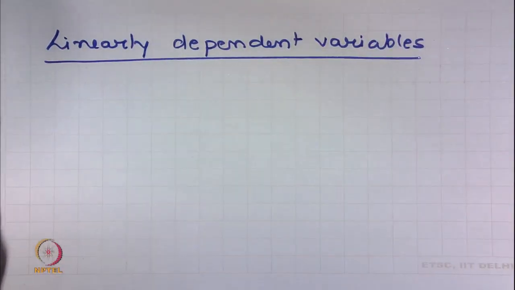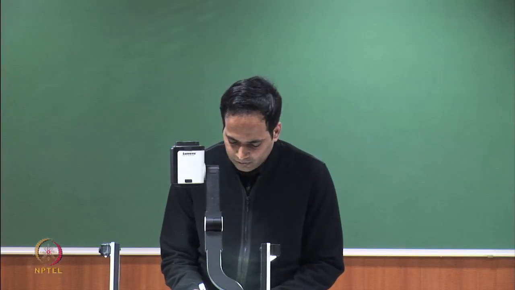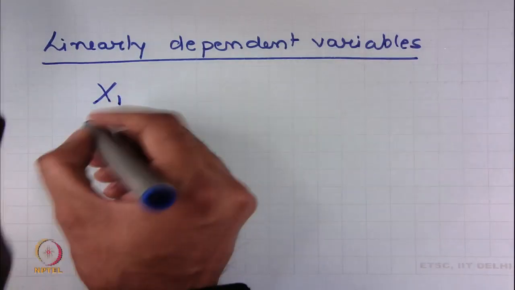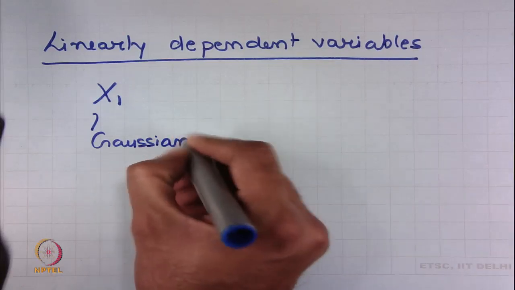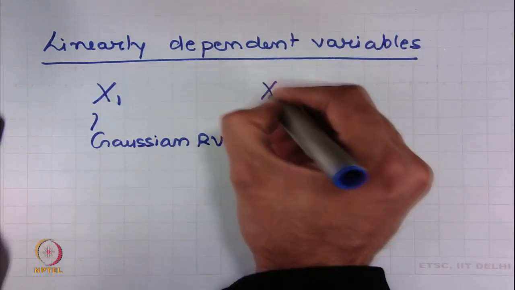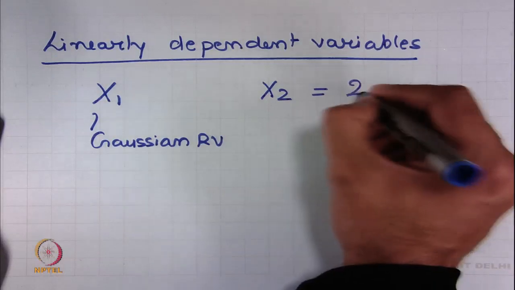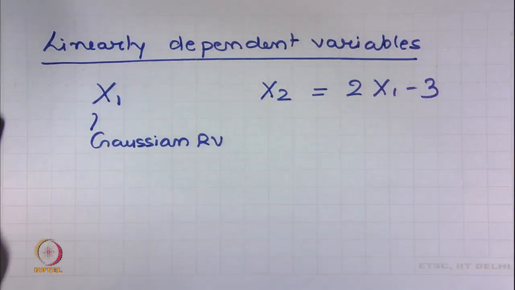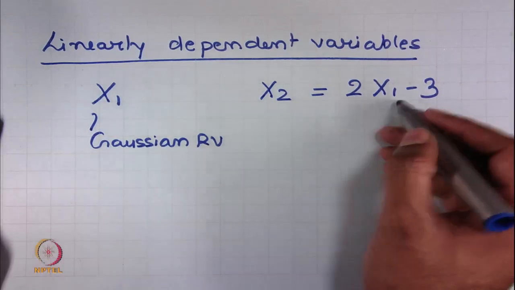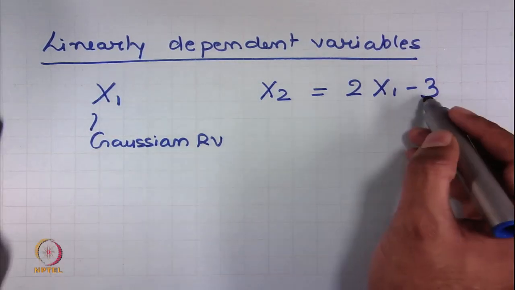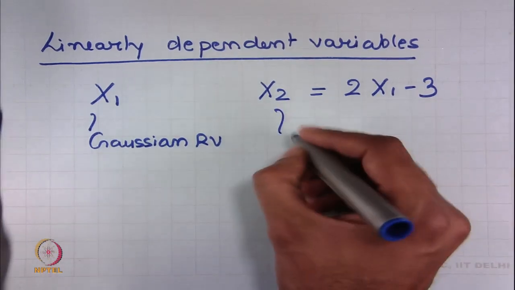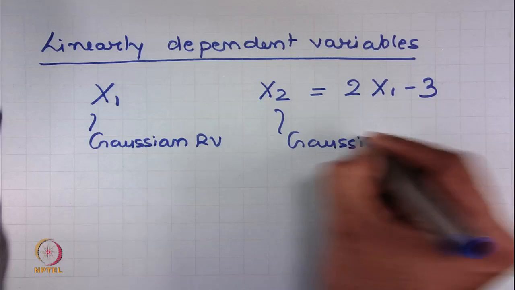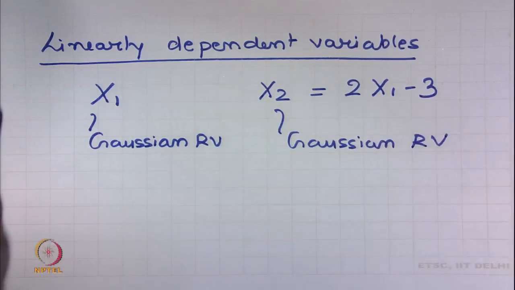Let us assume that I have two Gaussian random variables. x1 is a Gaussian random variable, and let me assume that x2 is 2x1 minus 3. Because x2 is a linear function of this random variable x1, this is also going to be a Gaussian random variable.